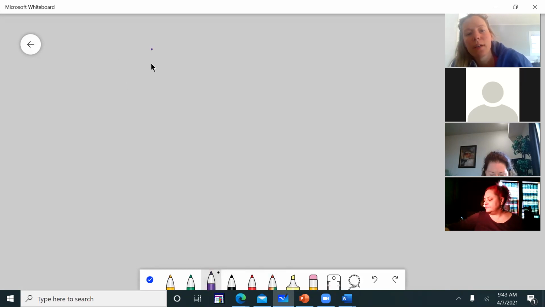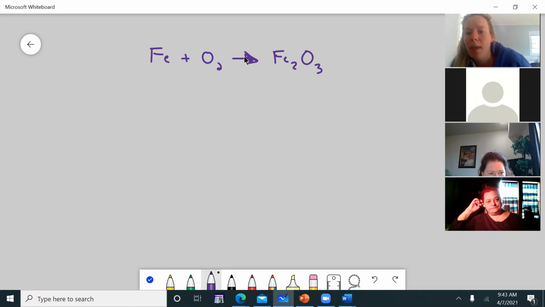We take iron, we combine it with oxygen, and we're going to produce iron 3 oxide, so Fe2O3. Okay, this is the skeletal formula. I'm going to just go ahead and balance it for you all. So I'd want to put a 2 here, I'd put a 3 here, and I'd put a 4 here.